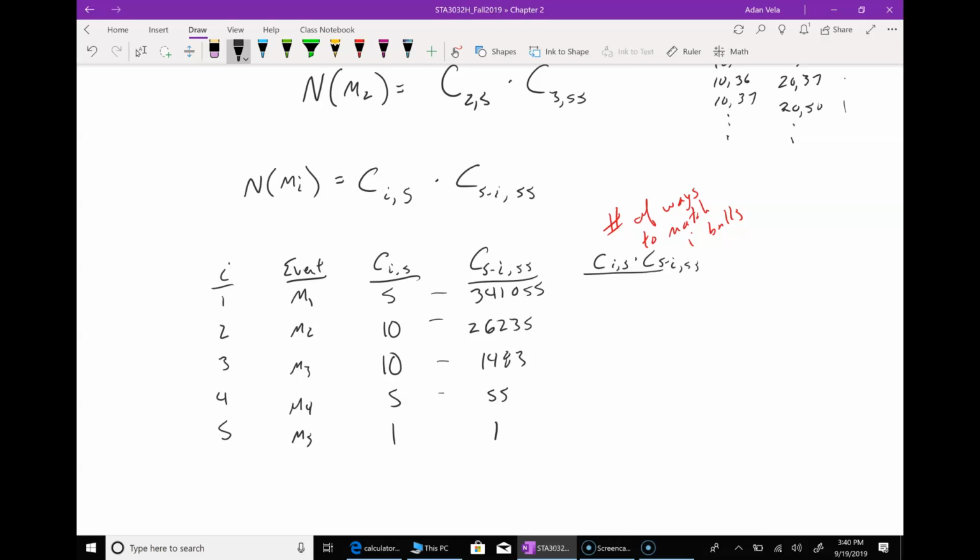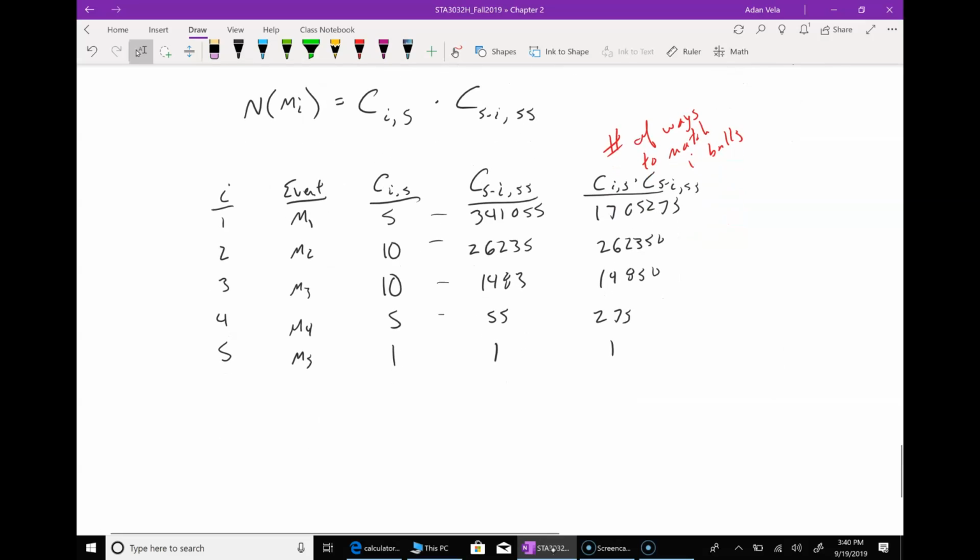So you can go through this multiplication. I'm just multiplying the columns by each other. And so what this tells us is if we want to know the probability of matching 3 balls, we just take the value in this column and divide it by the total number of ways that we can draw 5 balls.